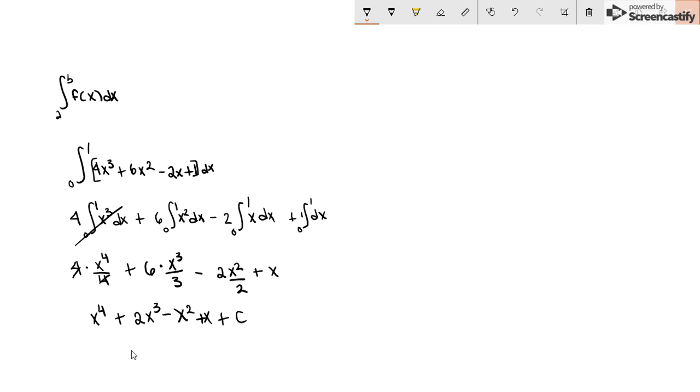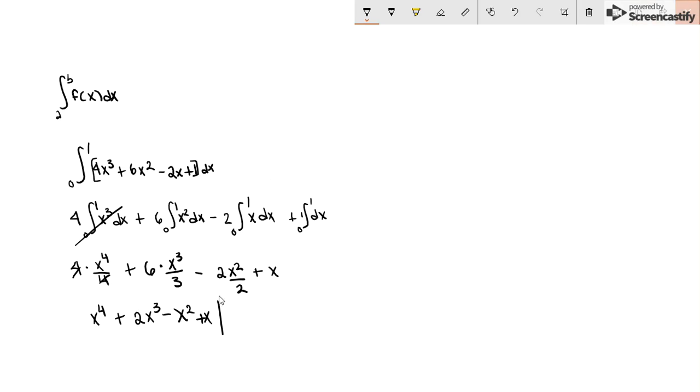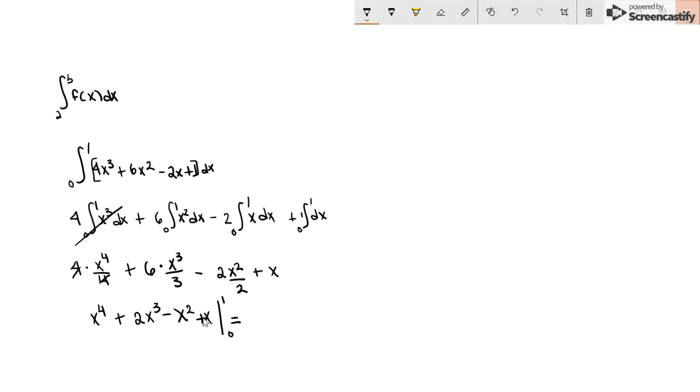But this is a definite integral, so you have these values that you go from, right? And so what you'll do, so just erase that. So what you do, this is the final step. You're gonna put a 1 here and a 0 here. And you're gonna set them equal, right? What you do, I'm gonna write it back up here.